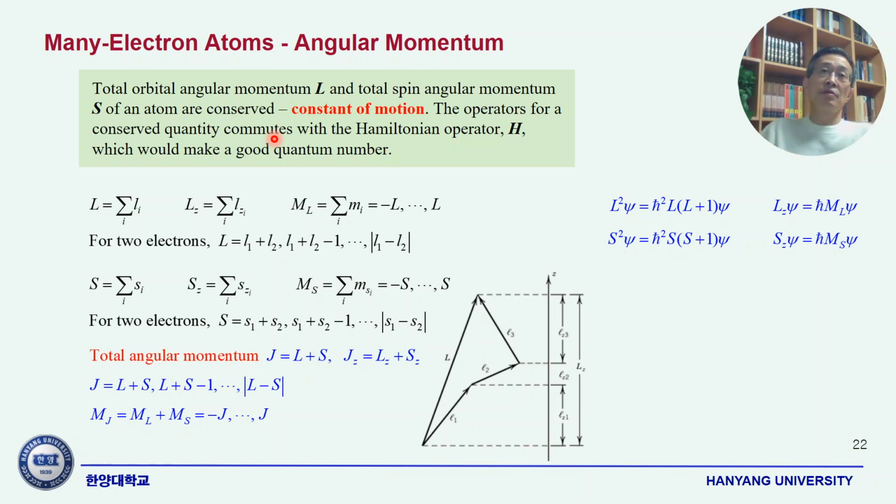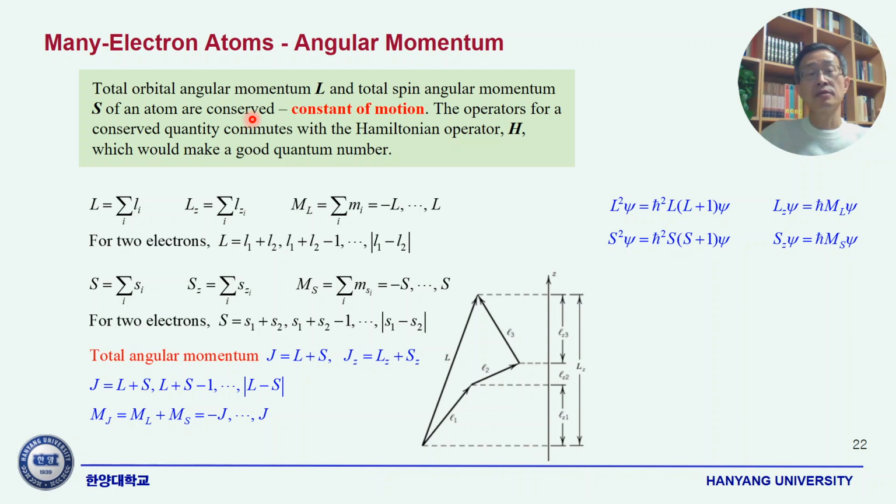Because these angular momentum operators and spin angular momentum operators are commuting, they independently designate the state along with the Hamiltonian, the total energy operator. So the total orbital angular momentum L and the total spin angular momentum S of an atom are conserved.